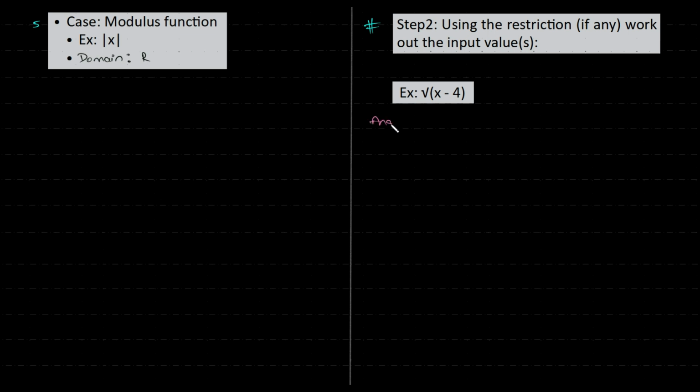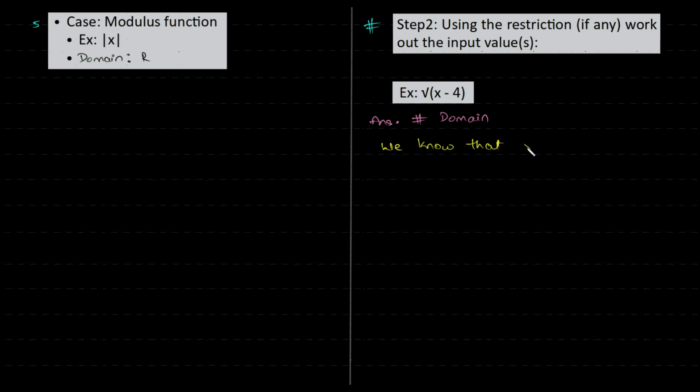So with this, we start off with the domain. What is it that we're looking at? See, this is a square root of an expression. So we start off with talking about that.